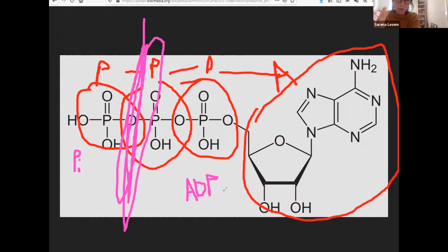The other part becomes ADP because it's diphosphate, two phosphate groups. It's the rearranging of the chemical bonds that releases the energy. Breaking this bond right here is what releases the energy. Got it, I think.